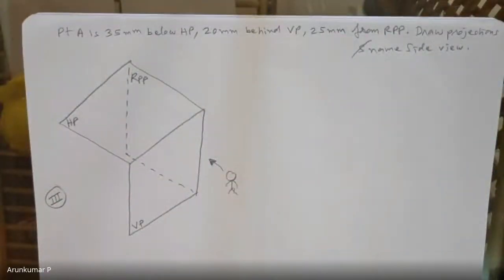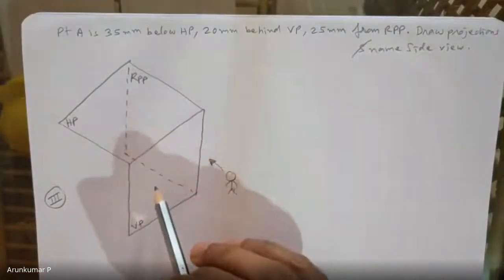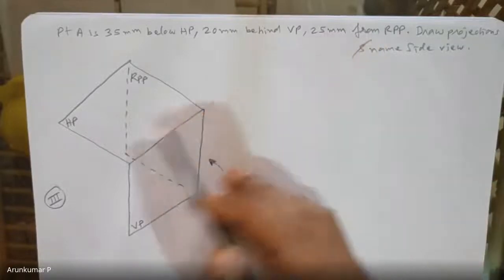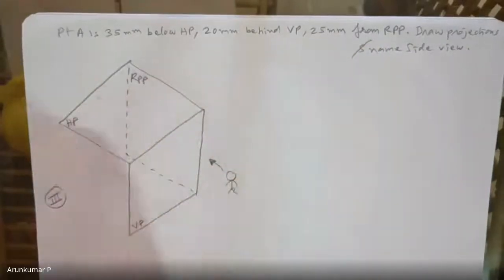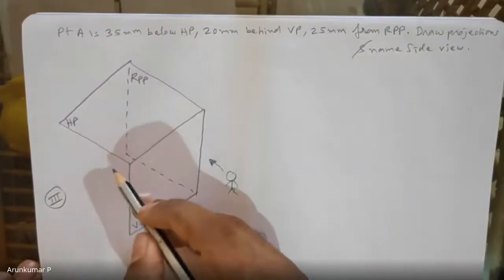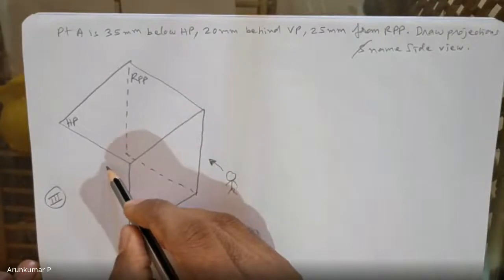Now we have to locate the point A. Point A is 35 mm below, 20 mm behind, but most importantly 25 mm from RPP. So from RPP it is 25 mm. That should be our starting point. So it may be somewhere here.